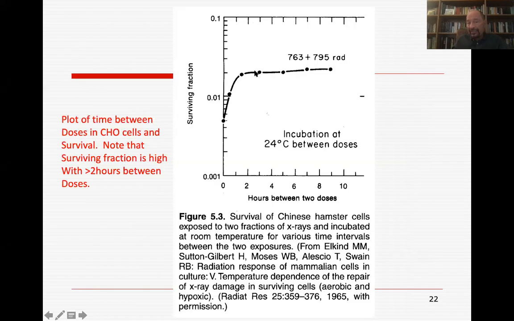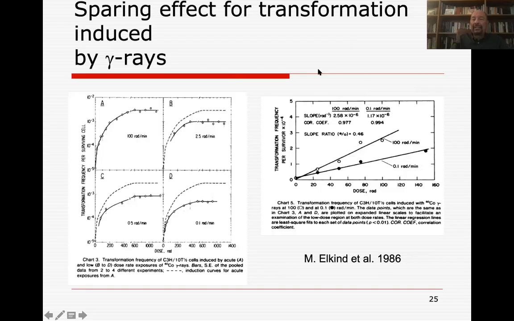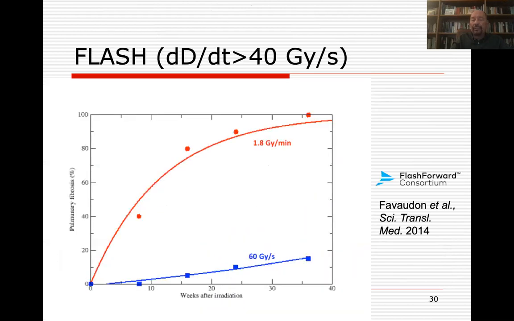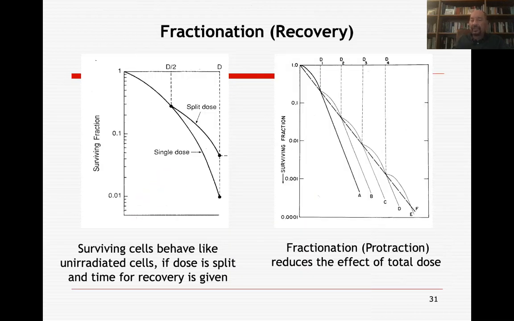You have to wait several hours to be sure that you have full recovery. And then at that point, you will have this kind of effect. And of course, if you fractionate many times, you get a better survival. And that's what you do to spare the normal tissue during radiotherapy.